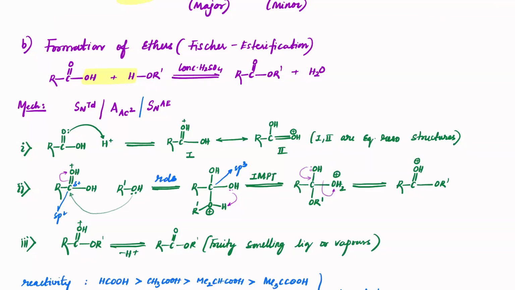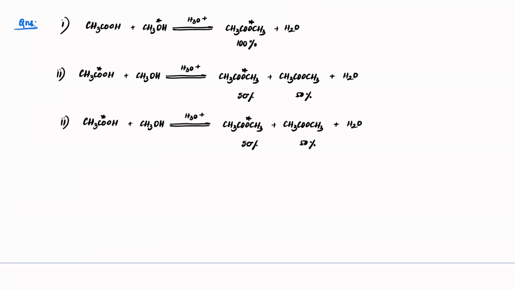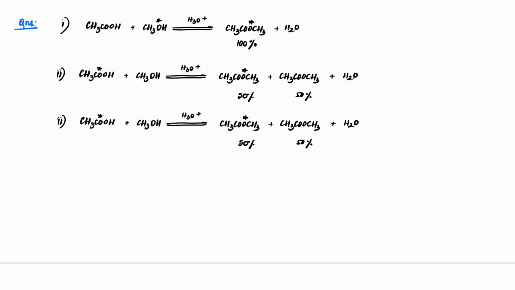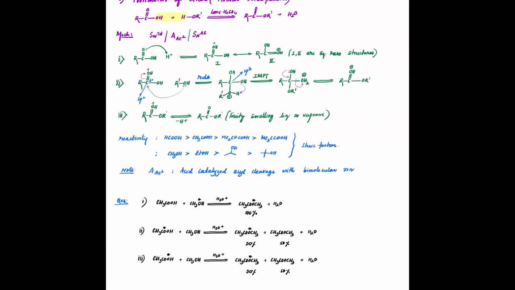Therefore, if one of them is isotopic here, chances are 50% it might remain or 50% it might go away. That's why even if you have one more case, a similar kind, where isotopic oxygen is on the next oxygen here, like this, then also you'll get the same 50-50 percentage. Okay, so please quickly go through the mechanism once.